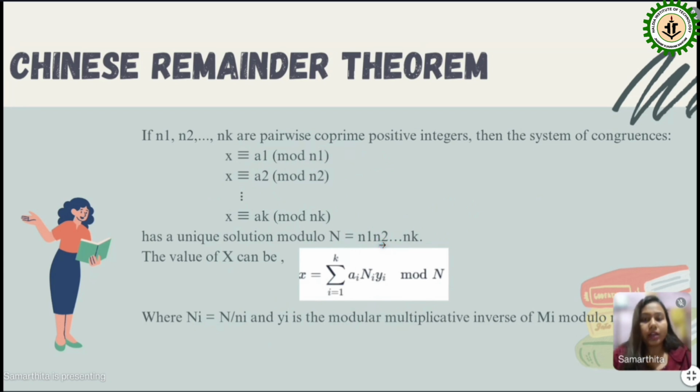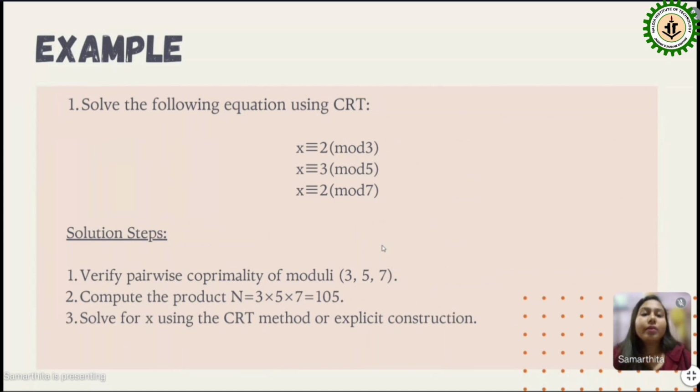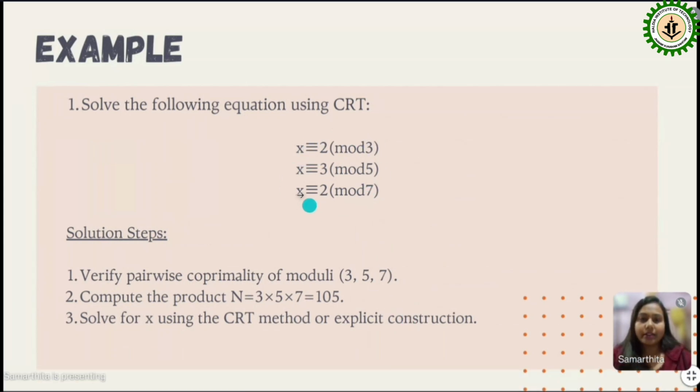Let's move forward to the example. Solve the following equations using CRT: x congruent to 2 mod 3, x congruent to 3 mod 5, and x congruent to 2 mod 7. Our motto is to calculate the value of x using the Chinese remainder theorem.